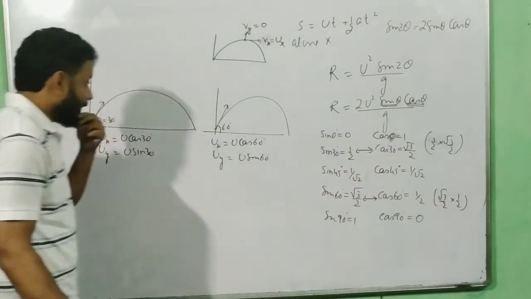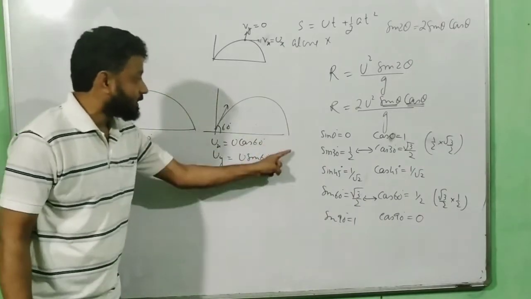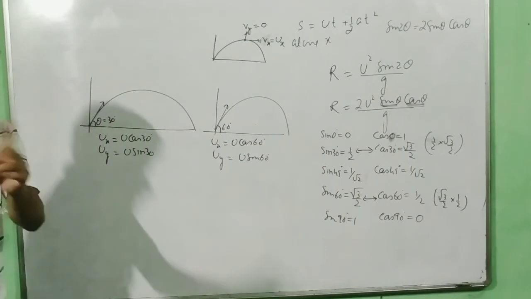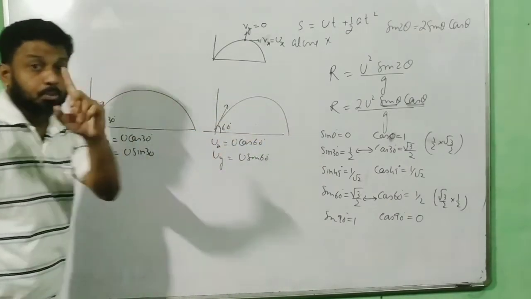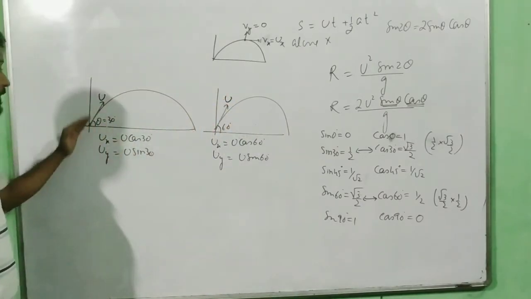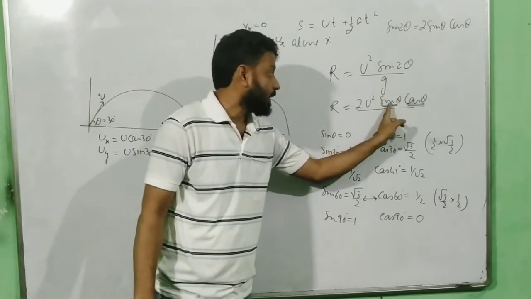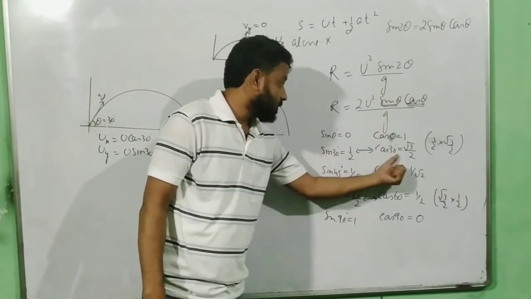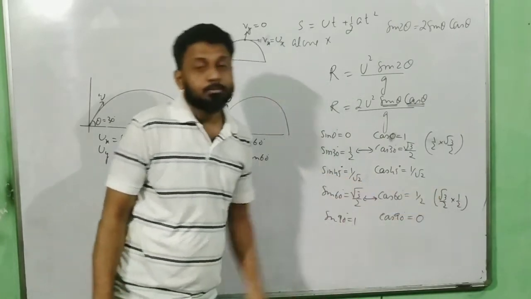What does it mean? It means that the range with 30 degree and the range with 60 degree will be same. Agree or not? Provided the velocity here and the velocity here remains same. So at 30 and at 60 the range will be same, because the formula has sin theta cos theta, so sin 30 cos 30 or sin 60 cos 60 will give you the same product.